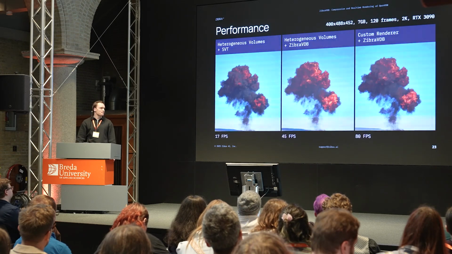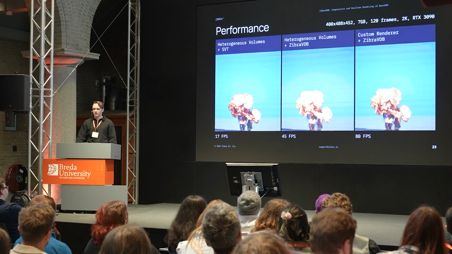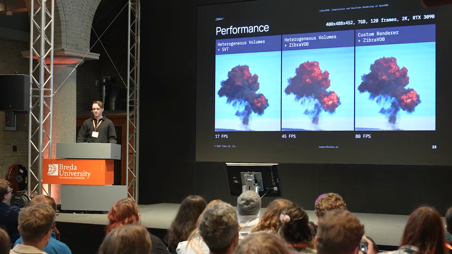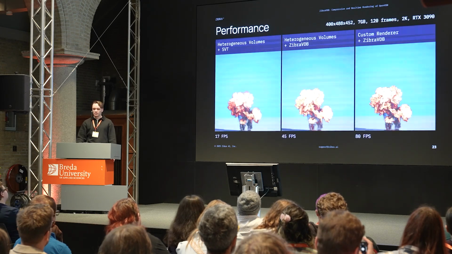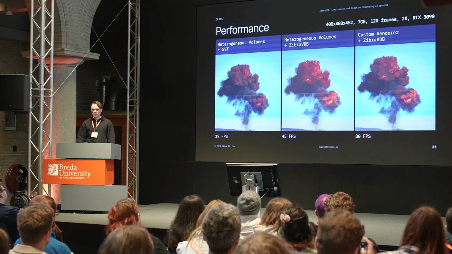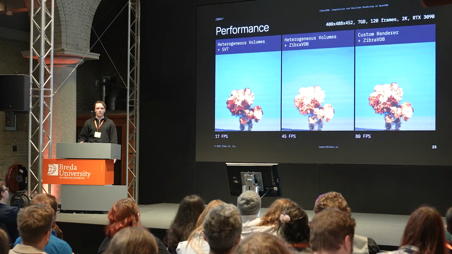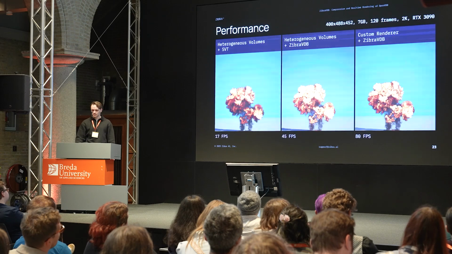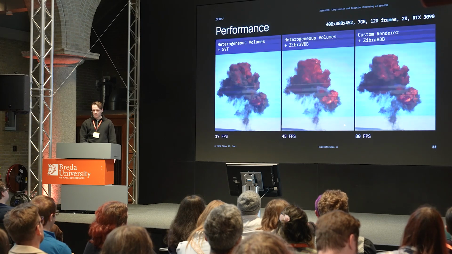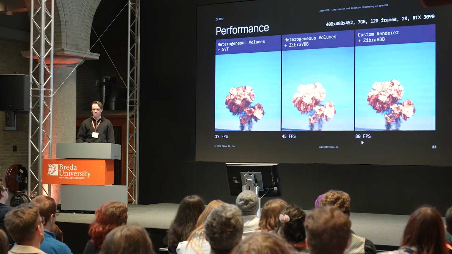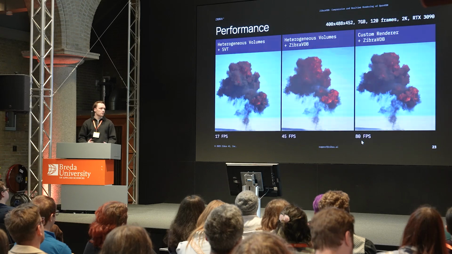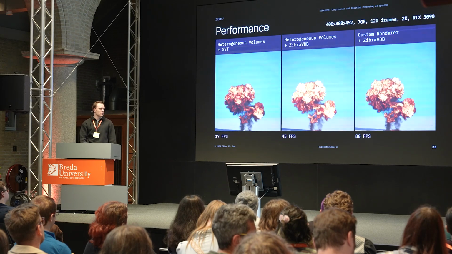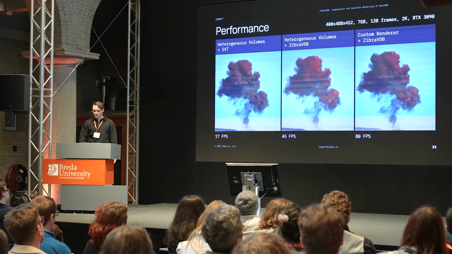It's just slow because it tries to load these full frames from the disk. And on the right, we replaced heterogeneous volumes with ZibraVDB, and it became even faster. All this is taken from the editor, and this is the minimal FPS on the biggest frame, because it is an explosion, the frame grows in time, so those metrics are on the largest frame.